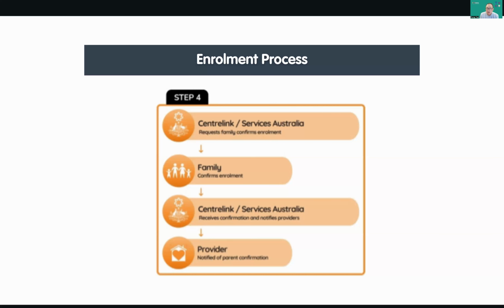In the event it's disputed, when it's resolved, entitlements and CCS and ACCS will be back calculated. So you don't really lose anything, other than there might be a couple of weeks where CCS may not be paid and parents have to pay full fee. That's why we encourage them, rather than disputing, just to let you know.